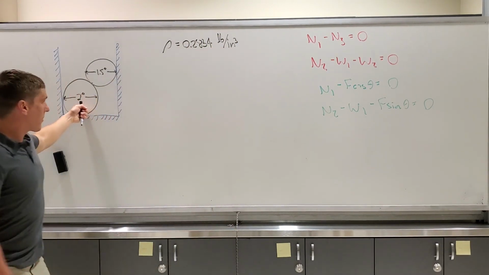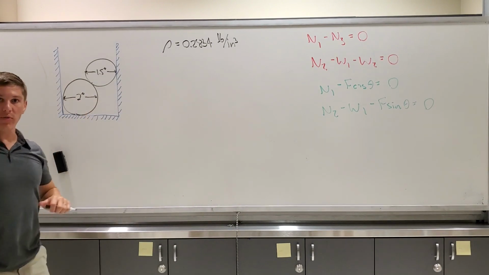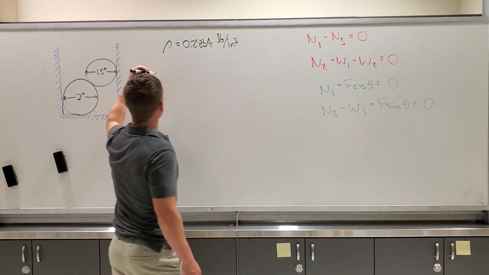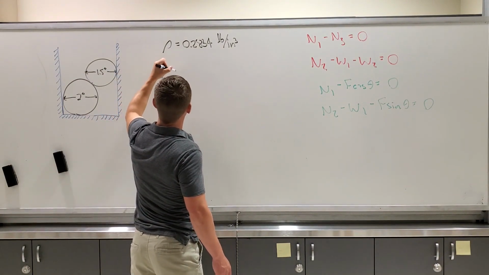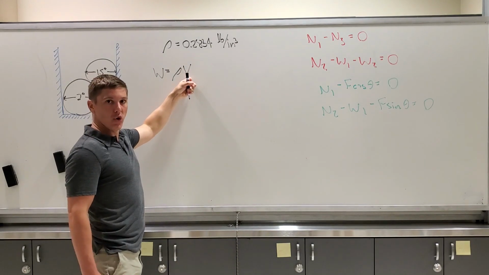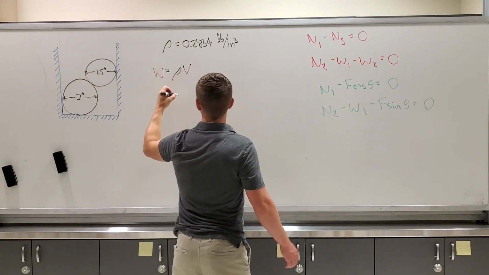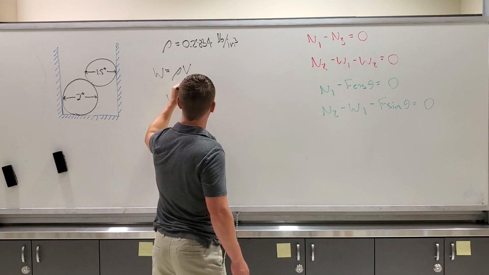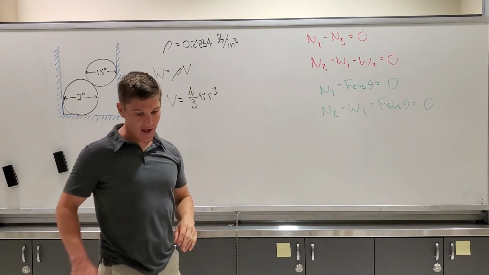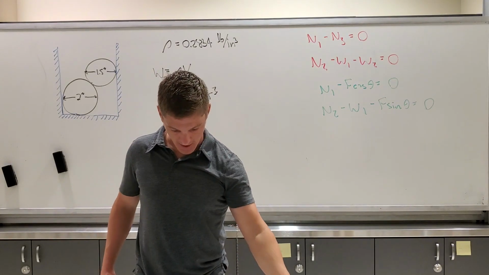We know the diameter of the spheres, so we should be able to figure out the weight of the spheres. If we know the weight density, then the weight is going to be equal to the weight density times the volume. So I need to determine the volume of the spheres. Well, the volume of a sphere is going to be equal to 4/3 pi r cubed. Hopefully you remember that from geometry, 4/3 pi r cubed.